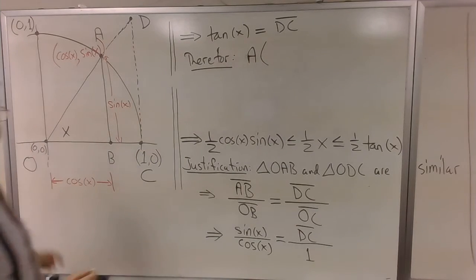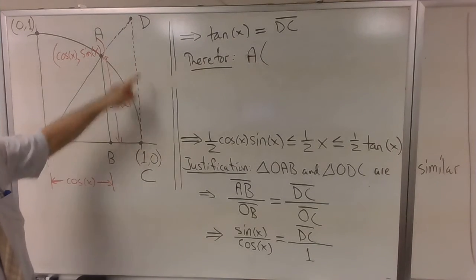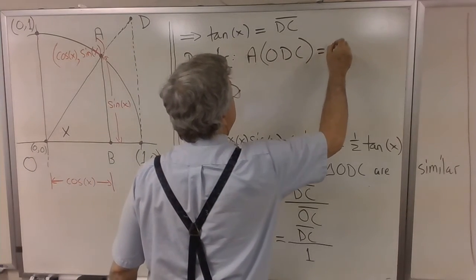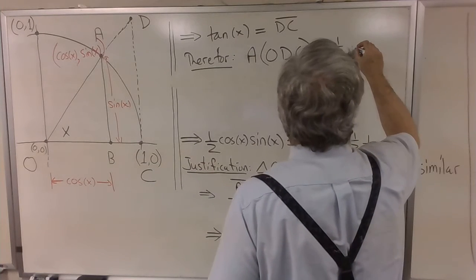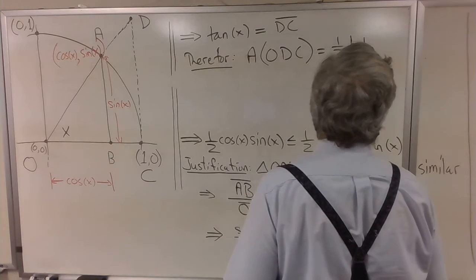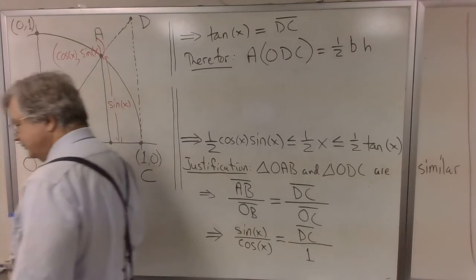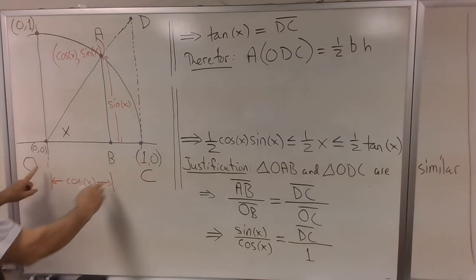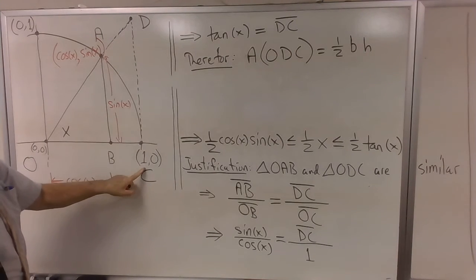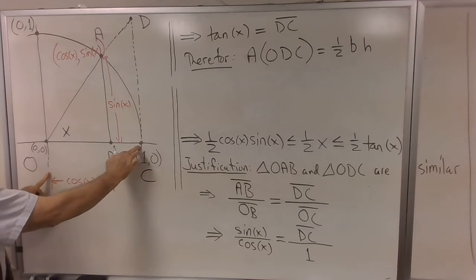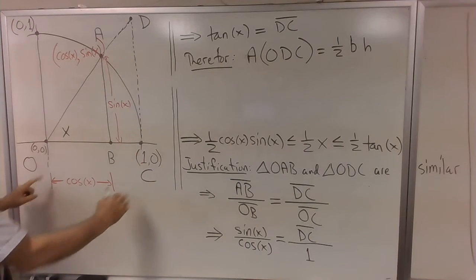So the area of triangle ODC is equal to 1/2 the base times the height. Here's the base of triangle ODC. Well, the base just goes from the origin to the circumference of the circle, so the base is 1.